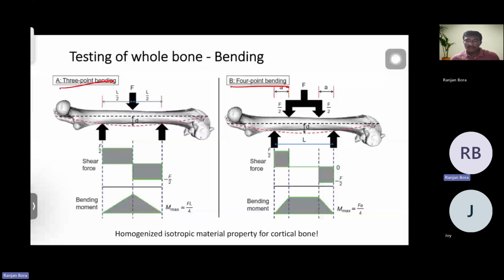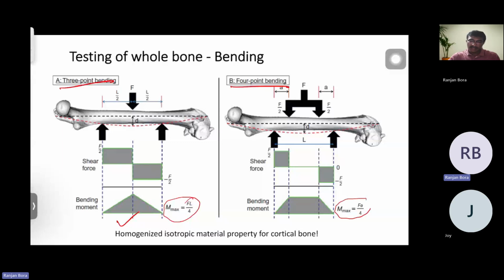In a 4-point bending, there are 2 points of support, and the load is applied at 2 points from above the bone. From the bending moment figure, the maximum bending moment is FL divided by 4 for the 3-point bending, and for the 4-point bending, the maximum bending moment is FA divided by 4.